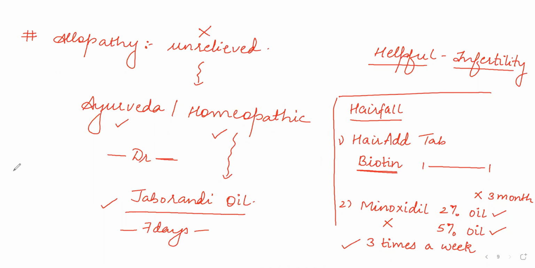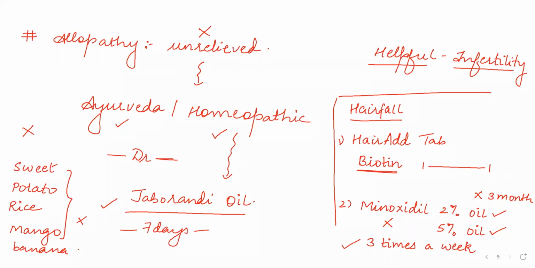But as much as possible, anything which is sweet, anything which contains high carbs, like potato, rice, and in fruits, mango and banana, should be avoided. If the patient has a sweet tooth, as much as possible do not advise sugar-free. So a diabetes patient should usually avoid all this. All right. Any other doubt?